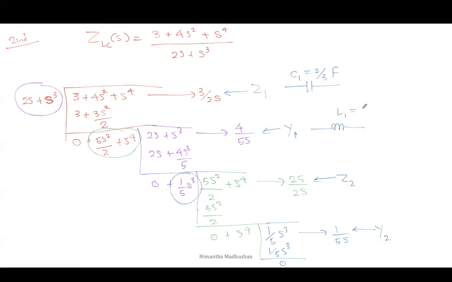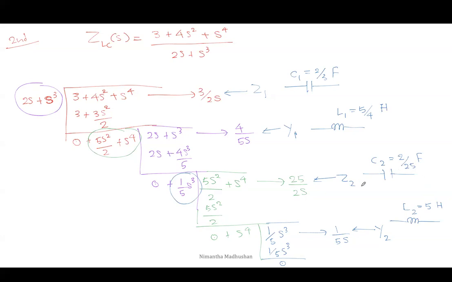L1 value is 5 over 4 Henry. And the third element, it is a capacitor. Value is 2 over 25 farad. And the final element is an inductor. L2 value is 5.